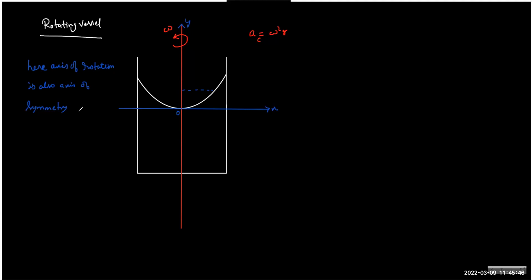Okay. Now you can see that as we go away from the axis, the liquid level will rise, right? Which simply means the pressure must increase. That we can understand or see also. I hope this is clear.